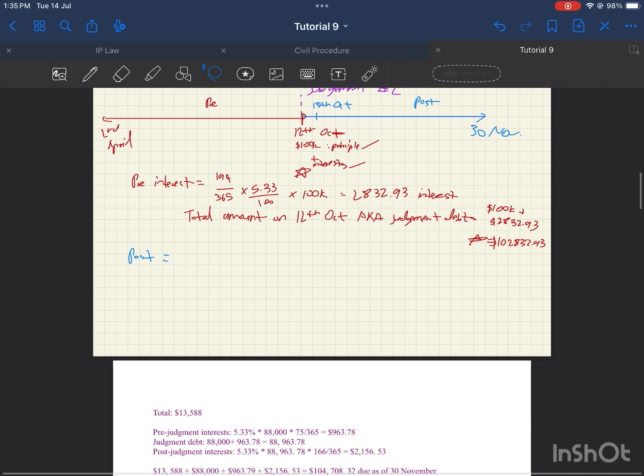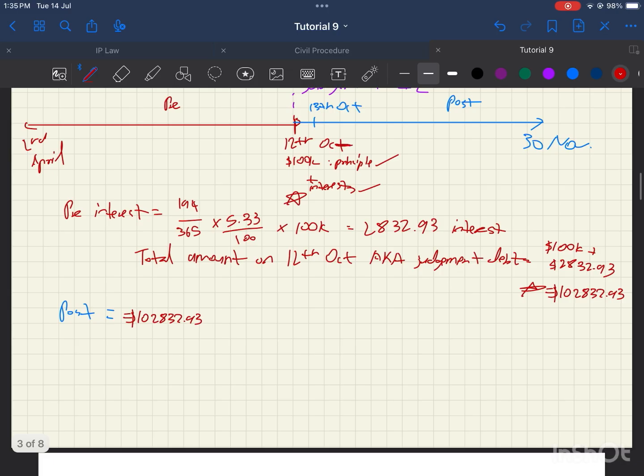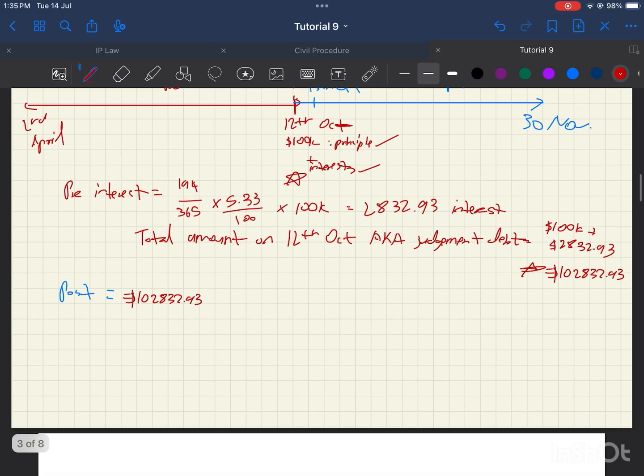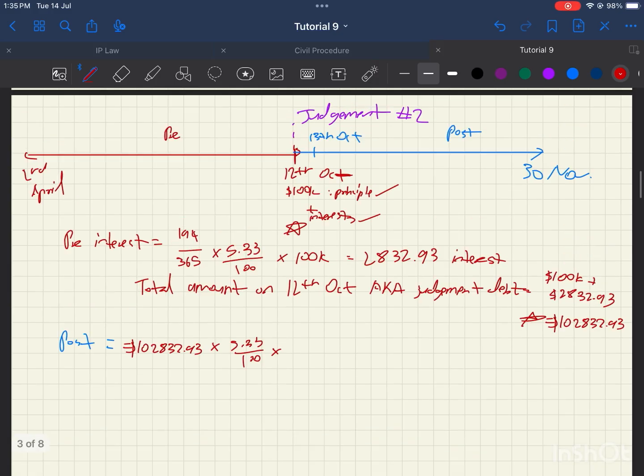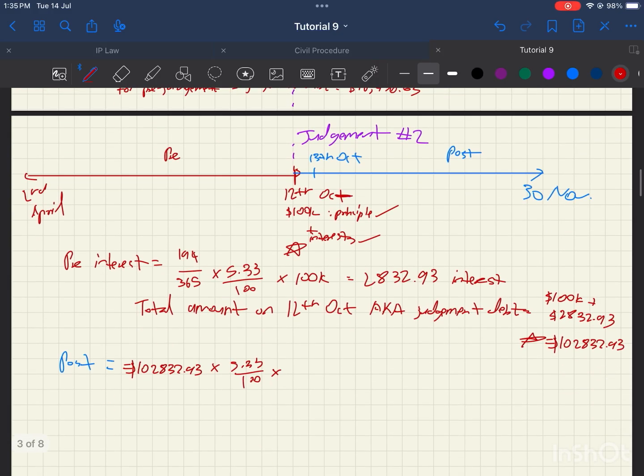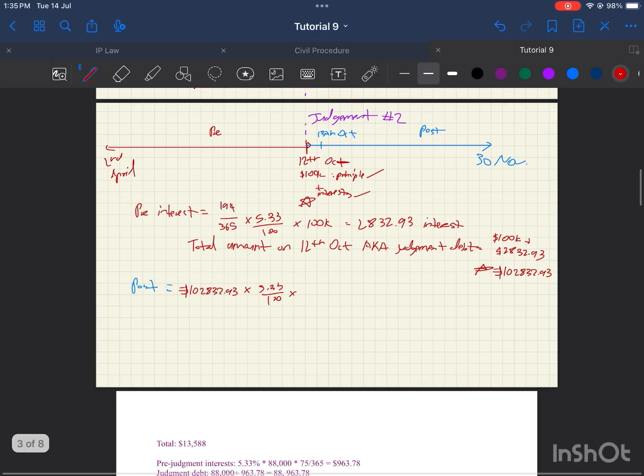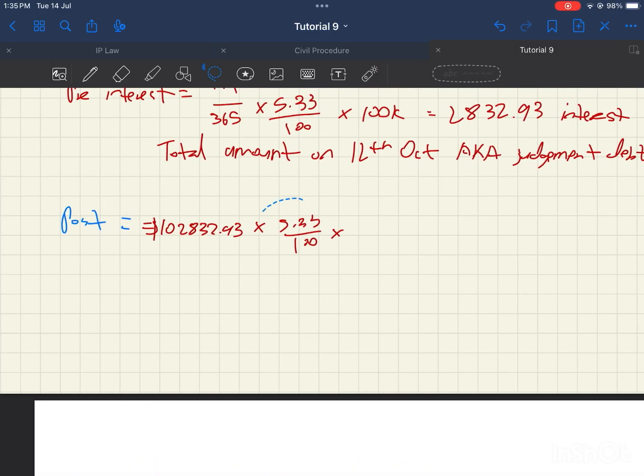Times 5.33% over the amount of days from 13th October to 30th November. And remember, for post-judgment, we use blue. So I'm going to turn this blue. Right?